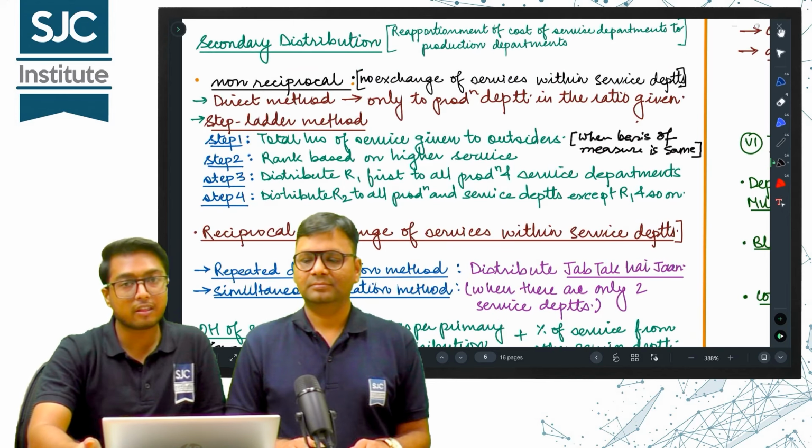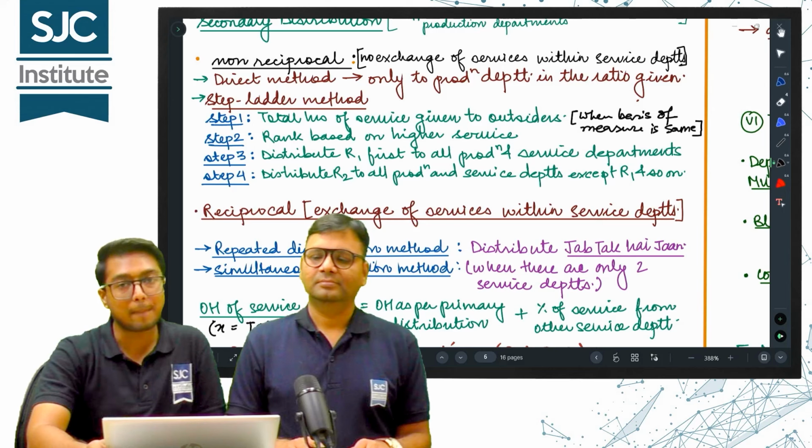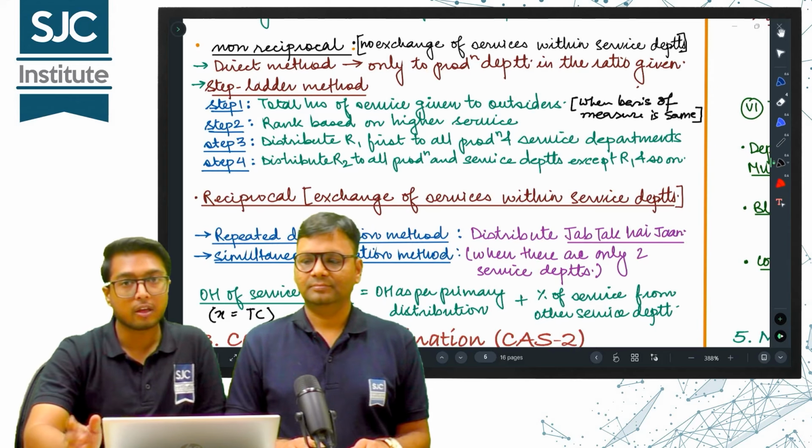Direct method. In this, we allocate the services of the service department to the production department in the ratio specified in the question. Second method, step ladder method. Under this, there are 4 steps. Step 1. Total hours of services given to the outsiders is computed. You need to keep in mind the measurement of service should be same. Step 2.